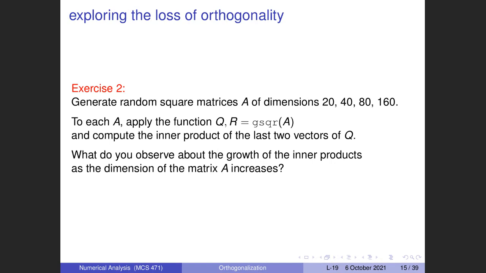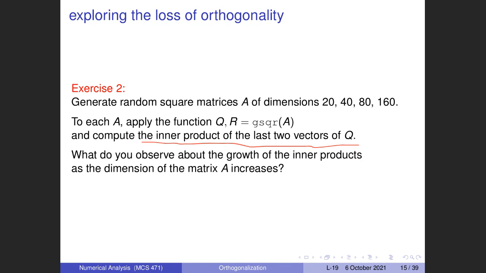Geometrically, mathematically, it's a correct algorithm. But what you will see here is that if you take matrices that are growing in size, the matrix is supposed to be orthogonal, but if you compute the inner product of the last two vectors, that should be zero, but it is not.